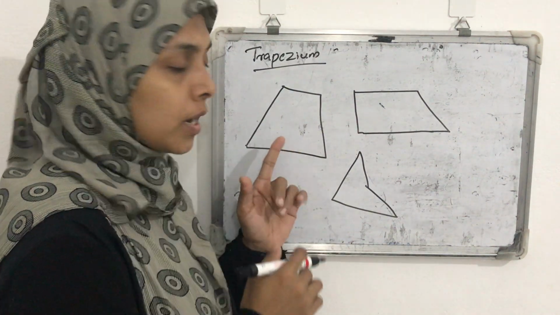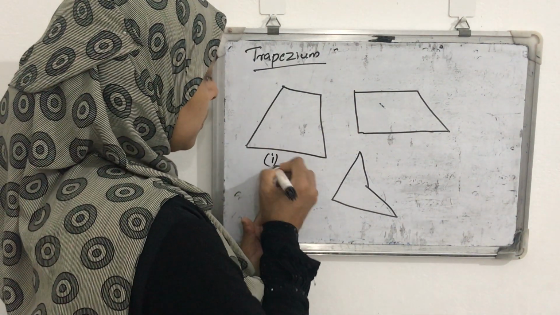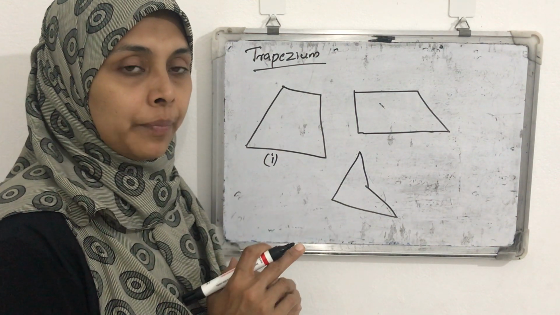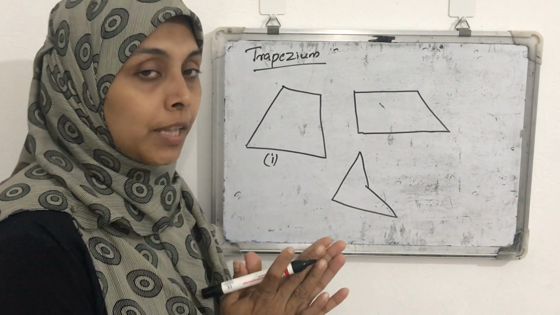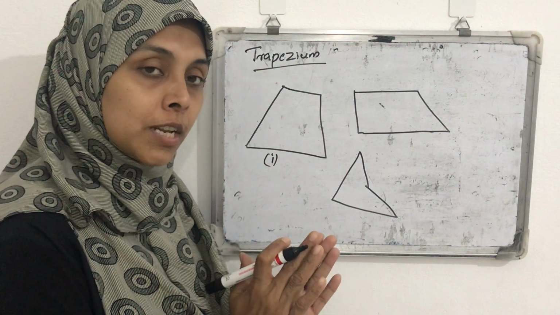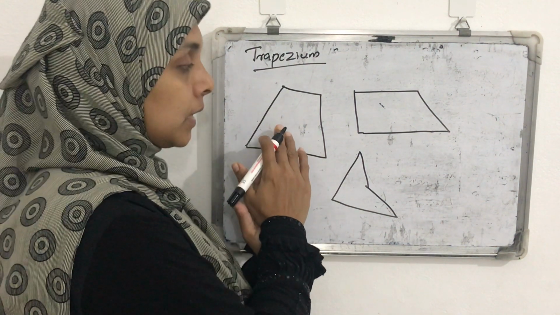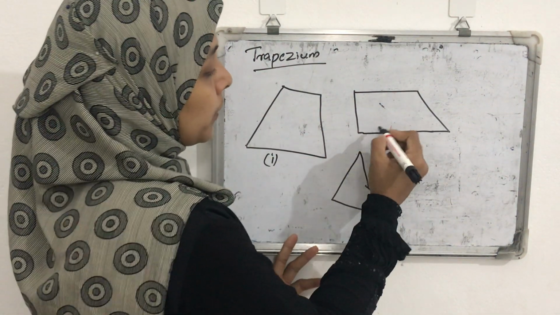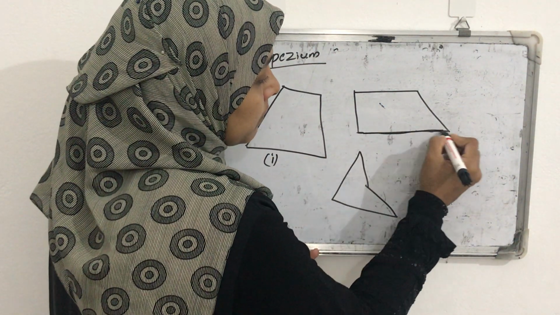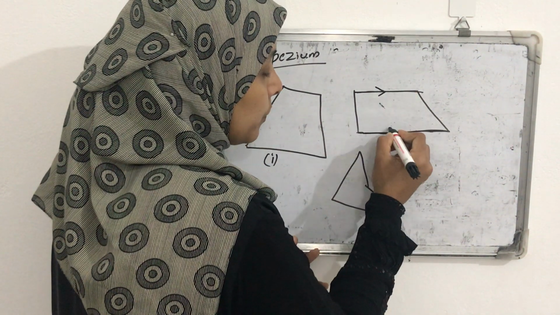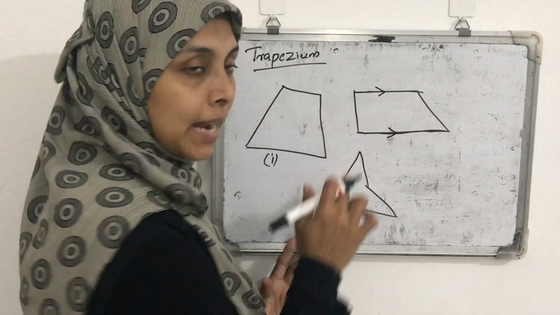When we observe these three quadrilaterals, can you see any property or speciality in the first quadrilateral? No, only one property we already learned, that the sum of the interior angles of any quadrilateral will be 360 degrees. That only we can generalize in this case. But when we draw this quadrilateral, we can see these two sides are parallel.